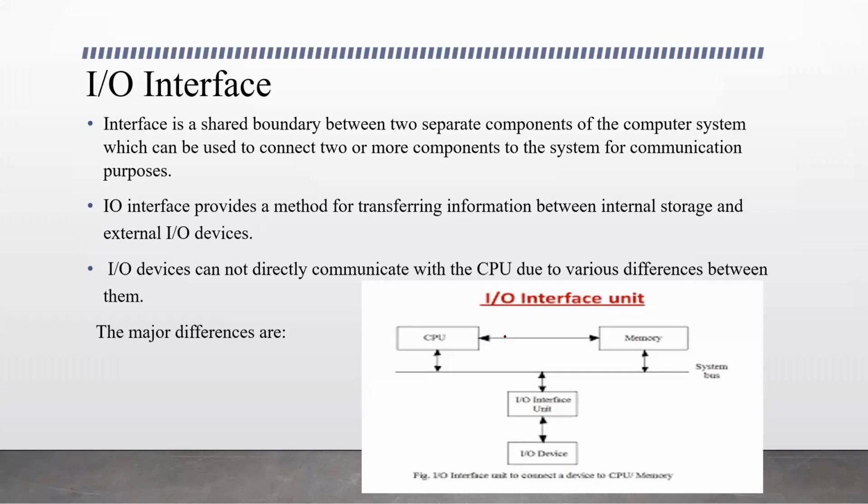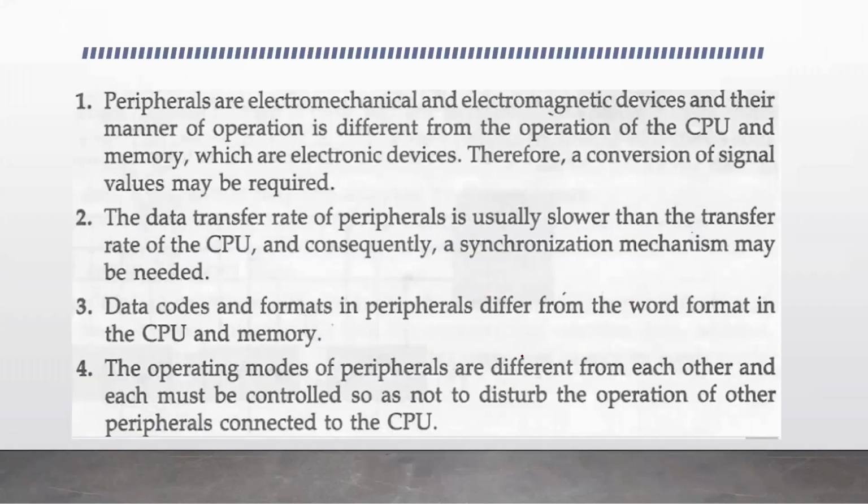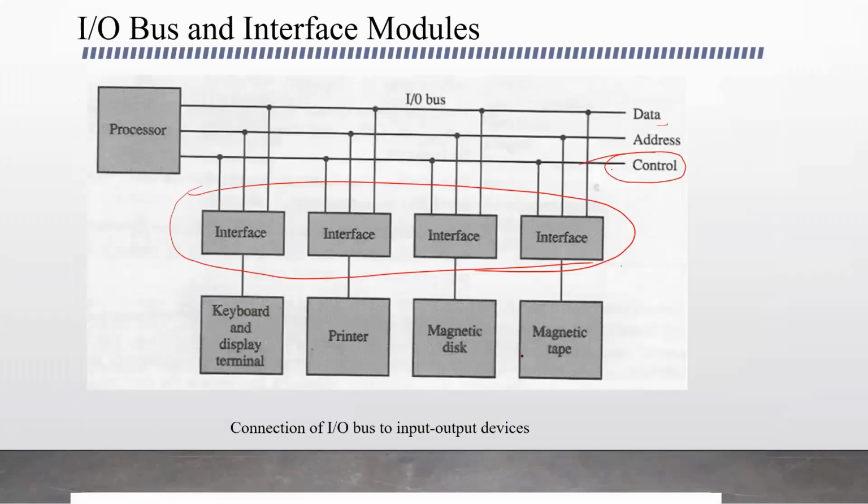So to match the speed and to convert the formats to the required format, we need a component in between that connects these components together. That is the I/O interface. And we have seen how the I/O bus is connected to the input-output devices through the interface.